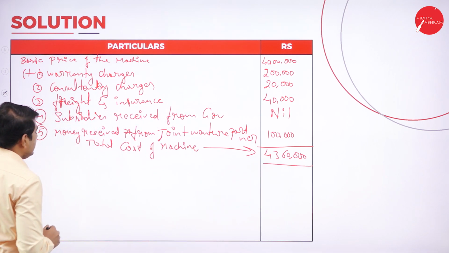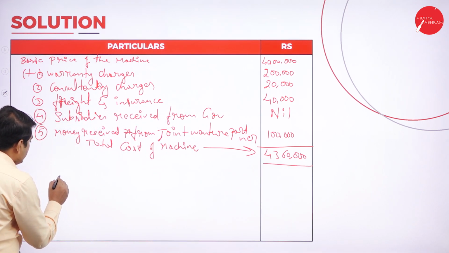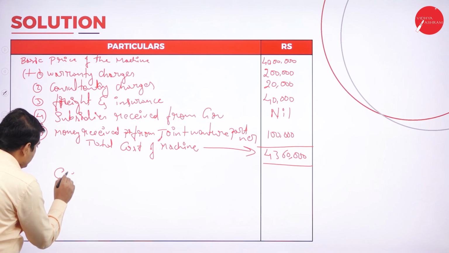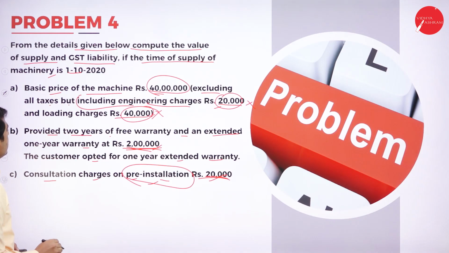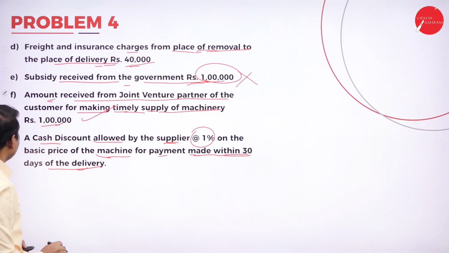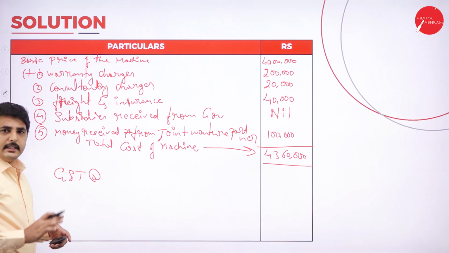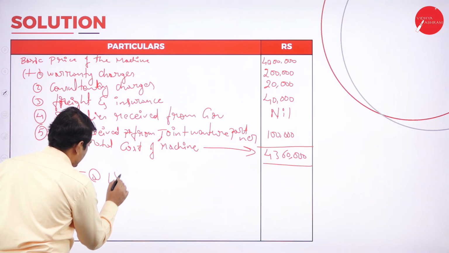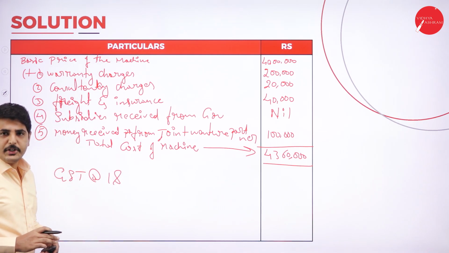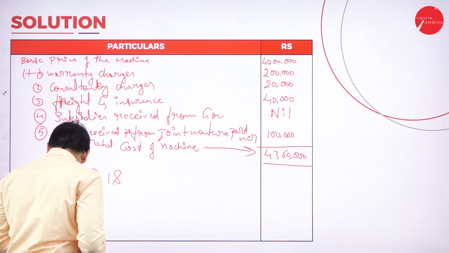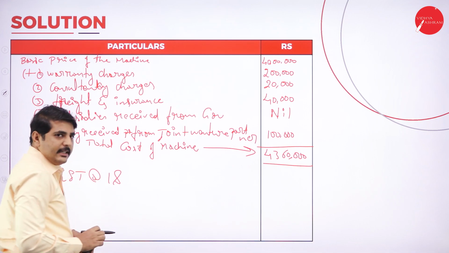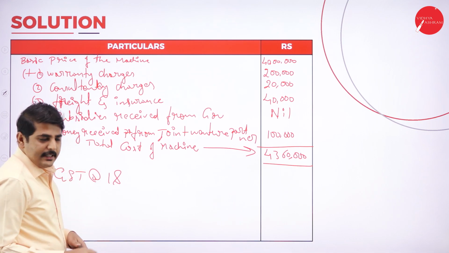Now what is the CGST? The GST rate is 18%. If they did not give any information regarding the GST, let's consider the GST rate as 18%. So 9% is the CGST, 9% is the SGST.